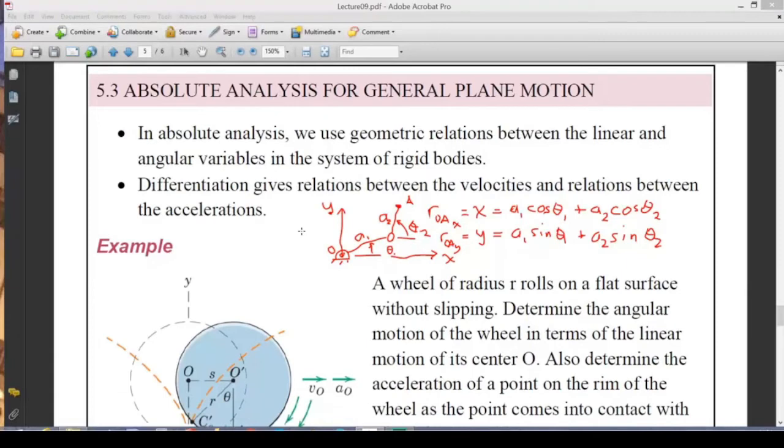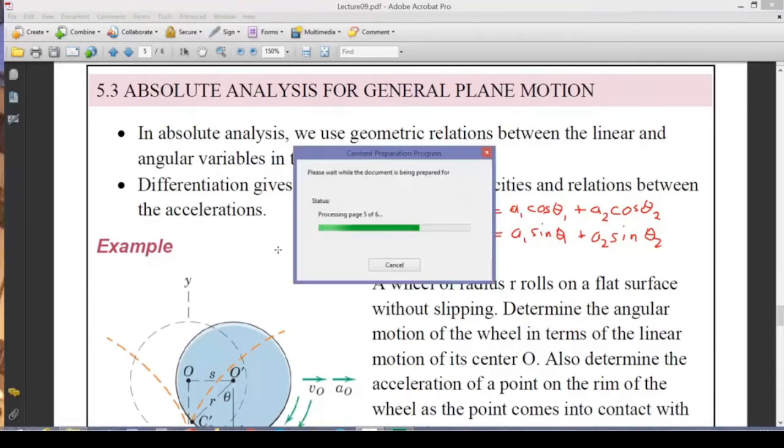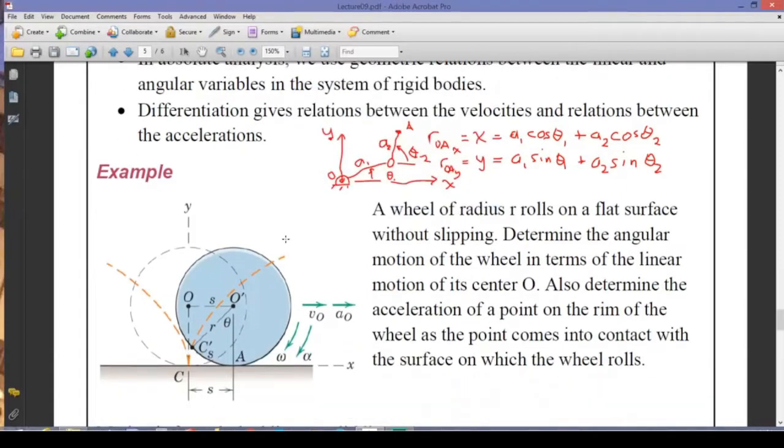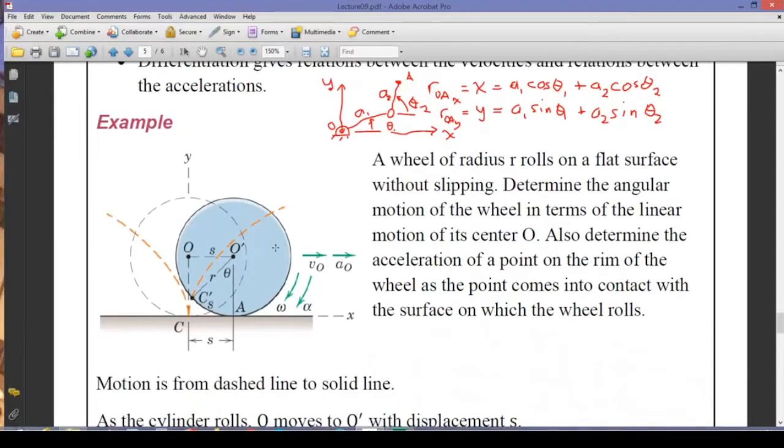Now, based on this information, we had a two-body situation here. We can take a look at a single body. Now this is a rotating wheel, and there's this assumption that there's no slip.